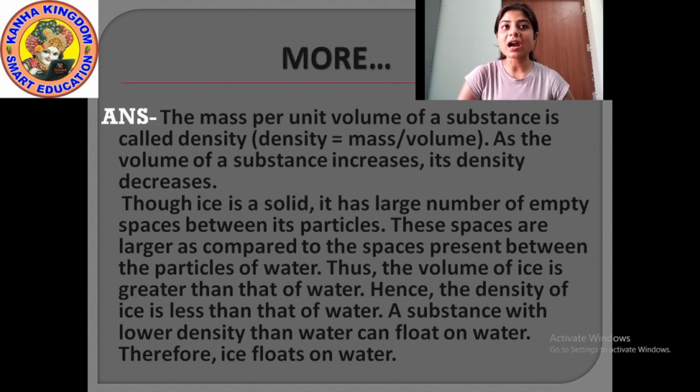These spaces are larger as compared to the spaces present between the particles of water. Full stop. Thus, the volume of ice is greater than that of water. Hence, the density of ice is less than that of water. Full stop. A substance with lower density than water can float on water. Therefore, ice floats on water.